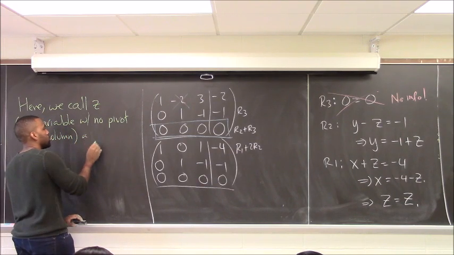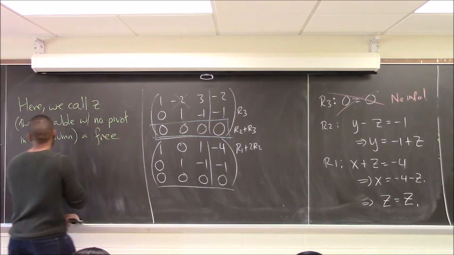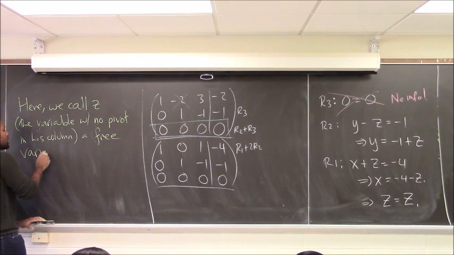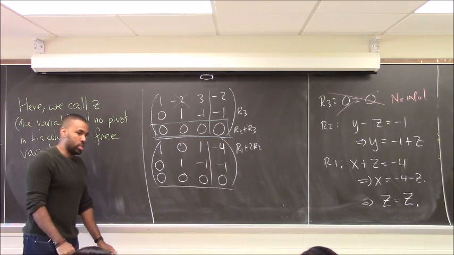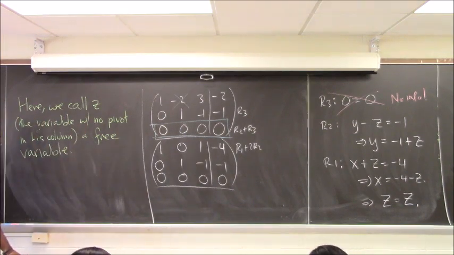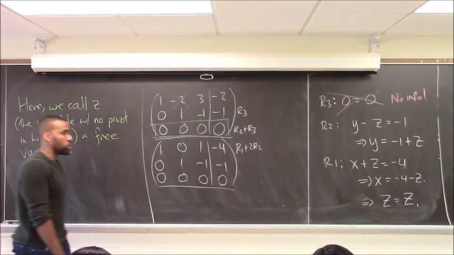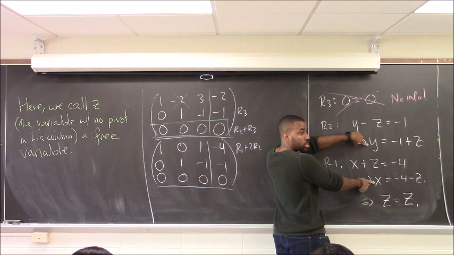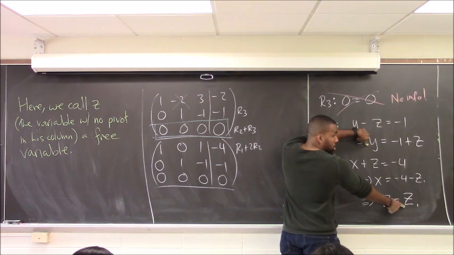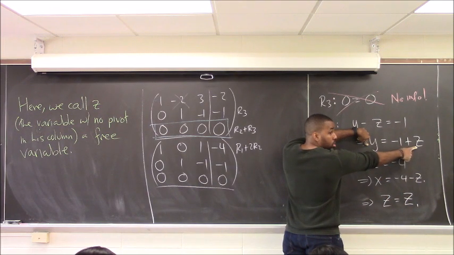A free variable. He can pretty much do whatever he wants. He can take on any value he feels like taking on that day. This guy's free to do as he pleases. Now, the thing is, once z makes a choice, your x and y have no choice. Whatever value is chosen here has to be placed here and here.